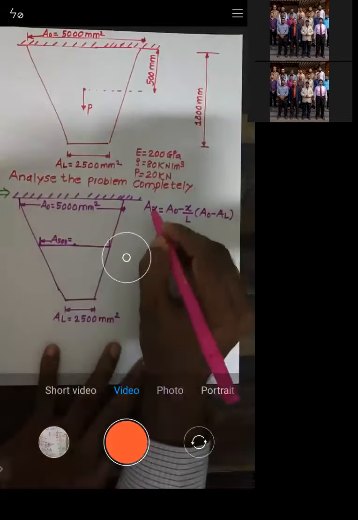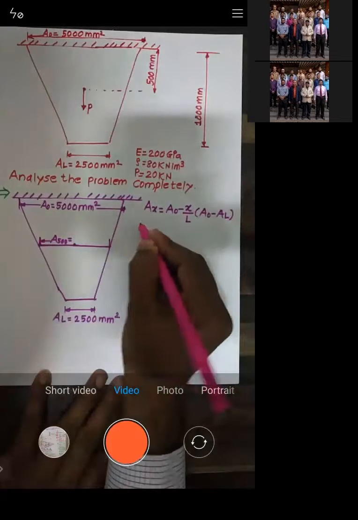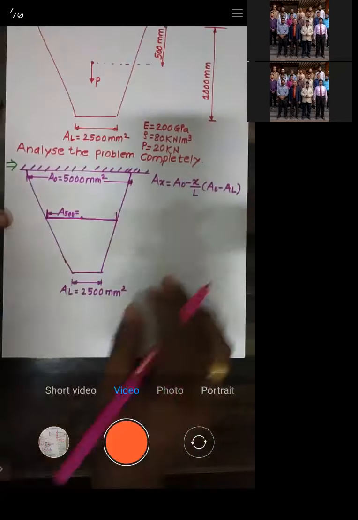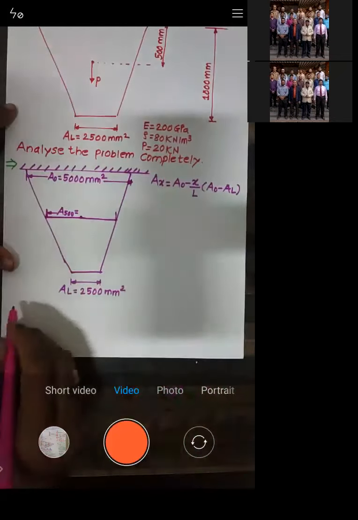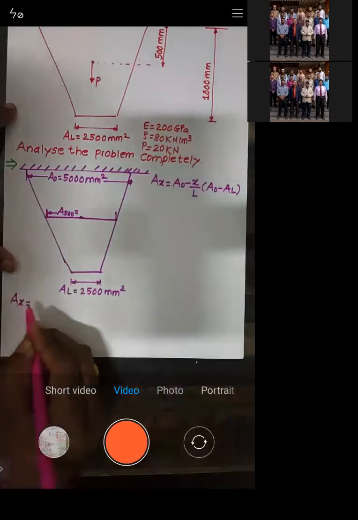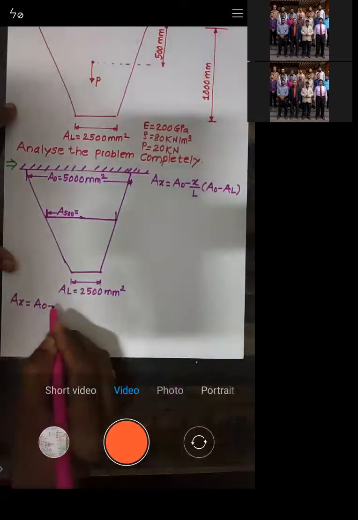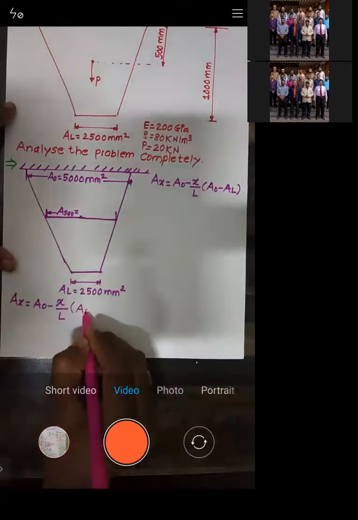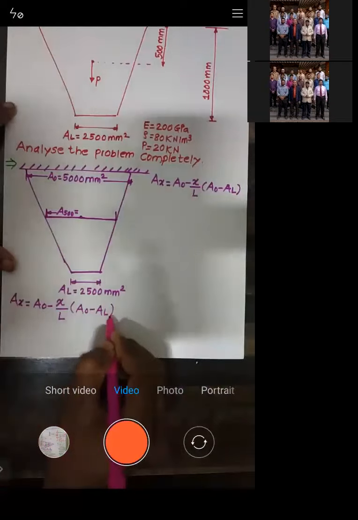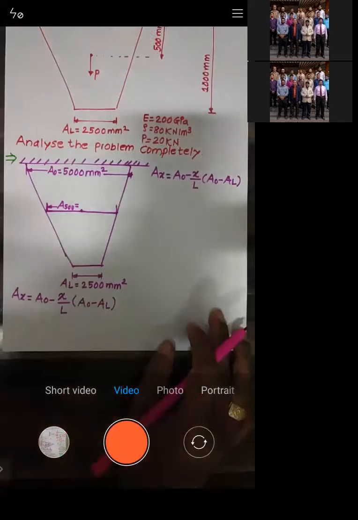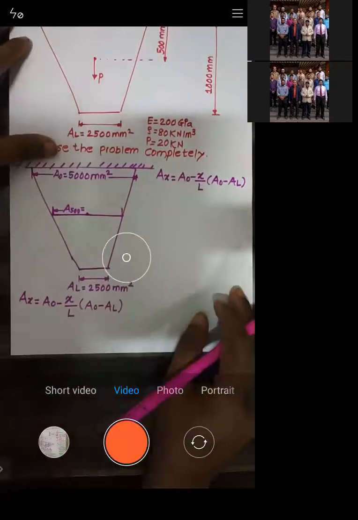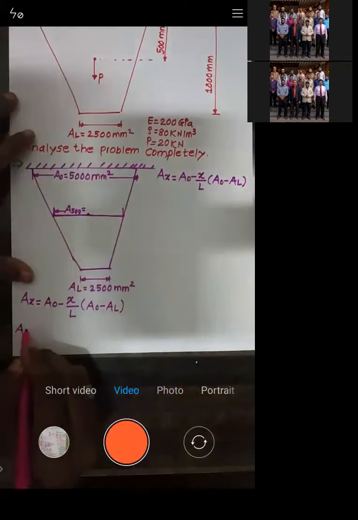So I need to calculate area at a distance 500. Let me write this down here only. Area at any distance x is given by A0 minus x by L, (A0 minus AL). Now I calculate the area at a distance 500.